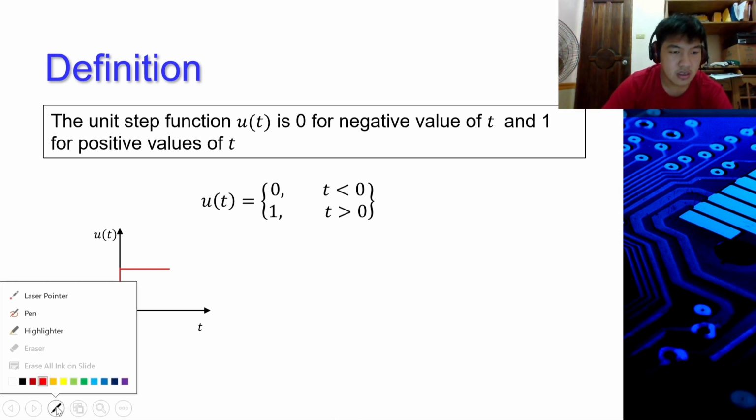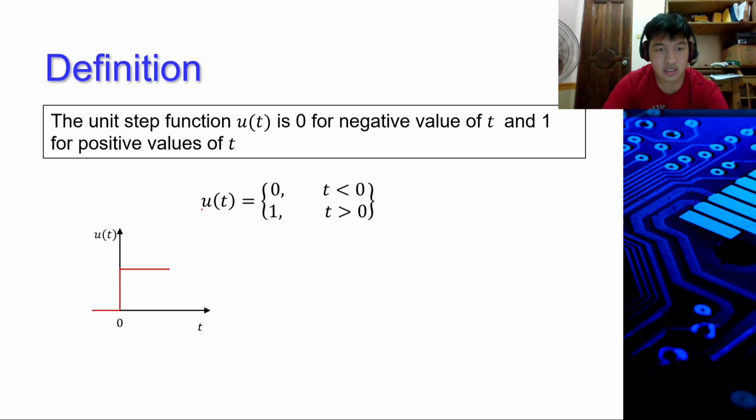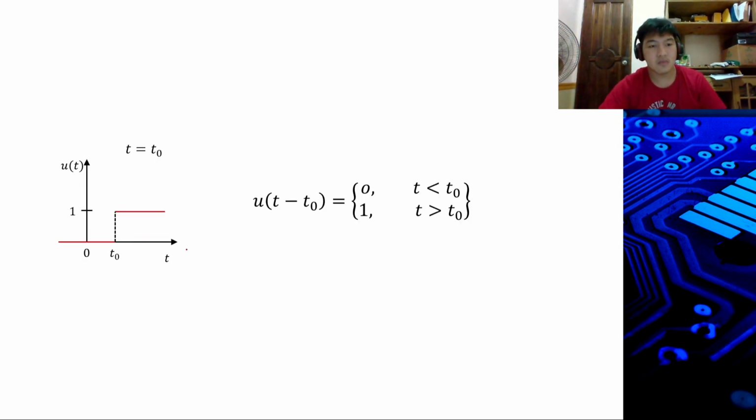In this sample graph, the step function of t is equal to 0 if t is less than 0, and the step function is equal to 1 when t is greater than 0. So, t is greater than 0, where the step function is at this point.